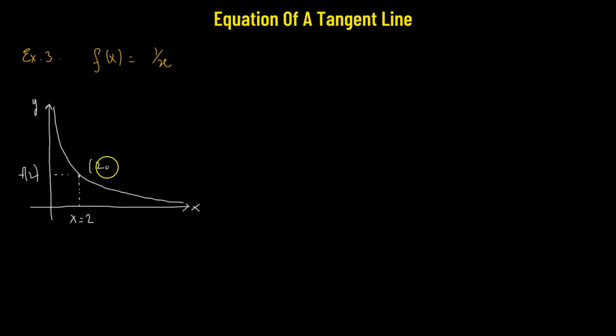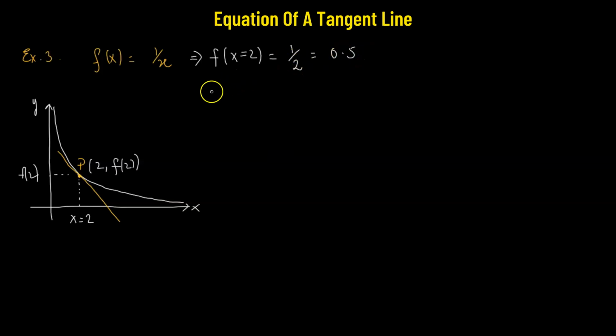So that means at the point (2, f of 2). So the equation of the tangent line means we draw a tangent line which touches the curve 1 over x at this particular point P. That's all. So at x equals 2, the value of the function is going to be 1 over 2, which is 0.5.